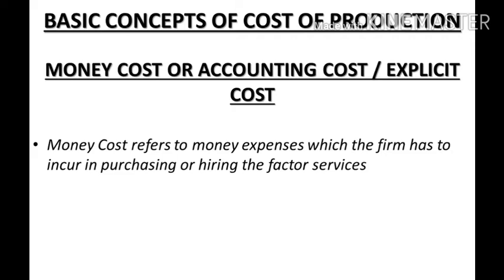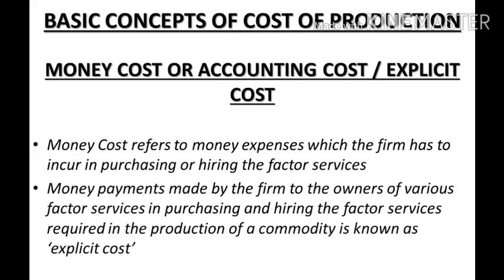All right, so these are the two terms. The third is explicit cost. When we talked about money cost, we said money expenses. Now with a slight change, we say the money payments made by the firm to the owners of various factor services, which become the income of those factor owners, in purchasing and hiring the factor services required in the production of a commodity, are known as explicit cost, right?